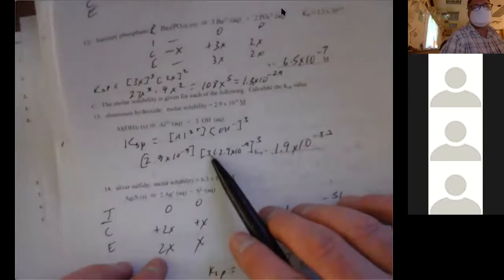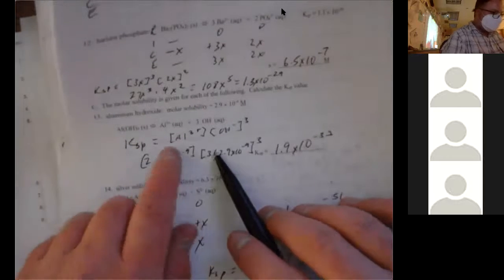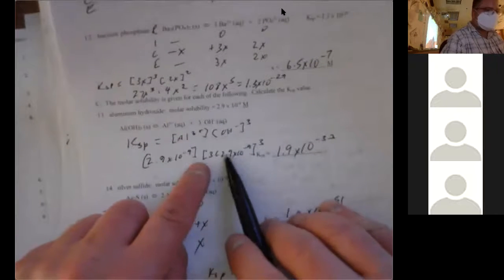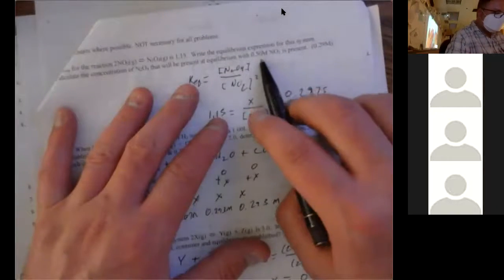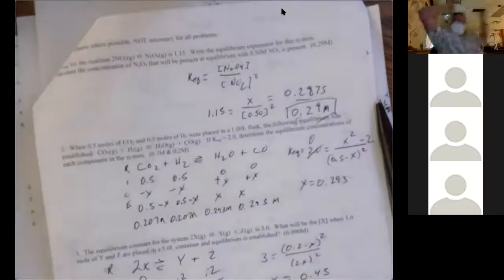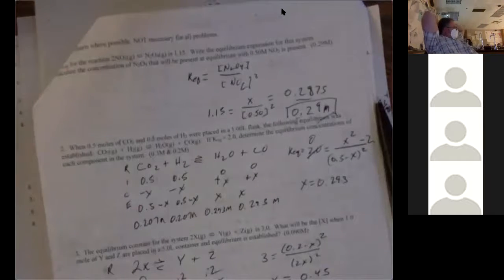This is different because the concentration of Al is 1 for every 3 of these. That's why we triple it here. We don't do that here because they actually give us the concentration, they say it's 0.5. That makes sense.